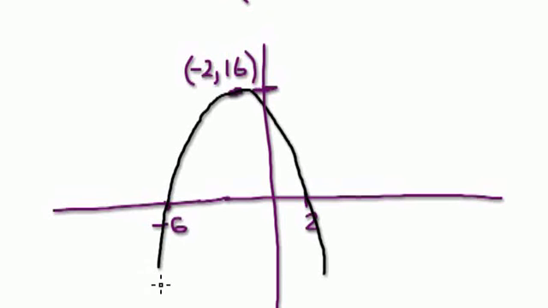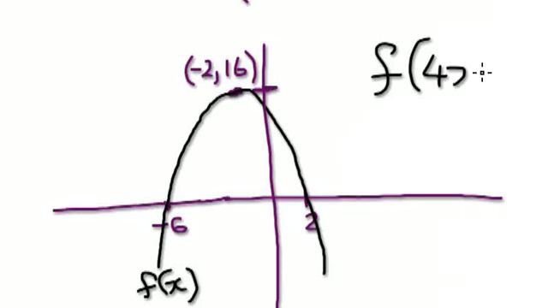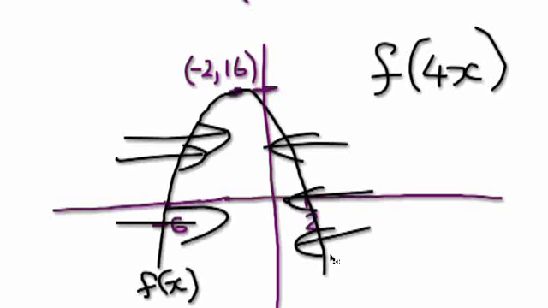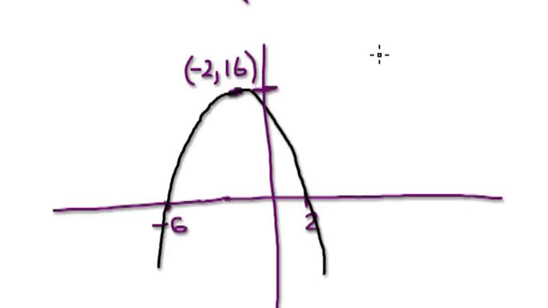Given this is f of x, we want to know f of 4x. Everything's going to get squashed inwards by a factor of 4.